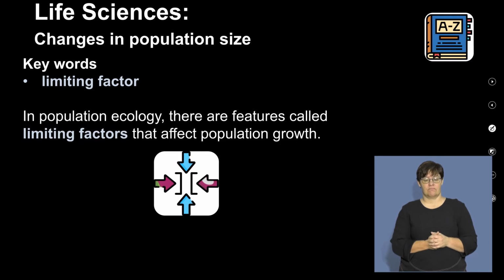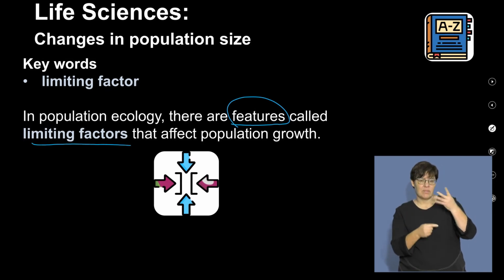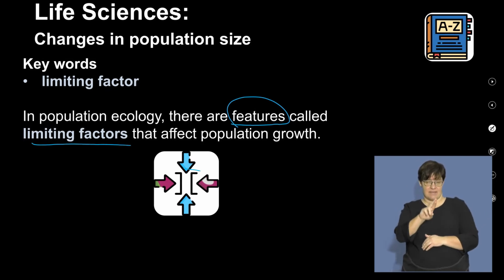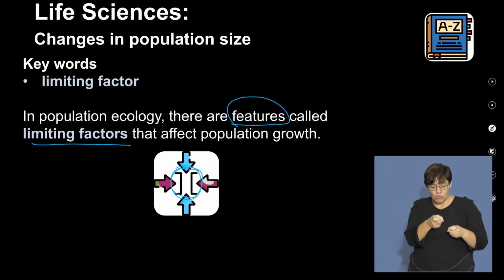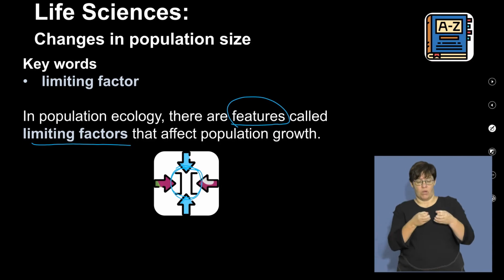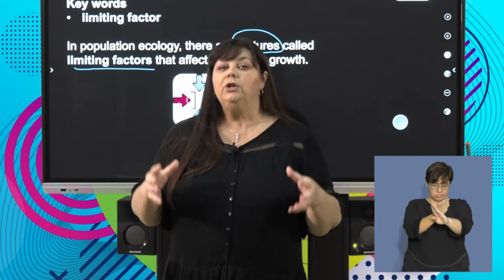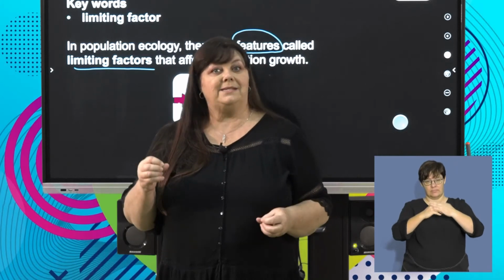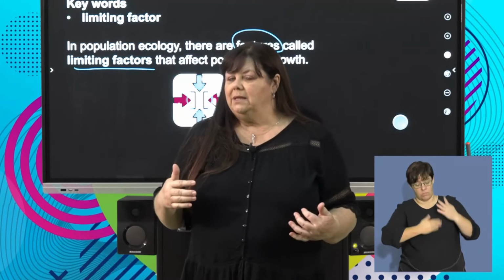In population ecology, there are features called limiting factors that are going to control or limit population growth. They're going to restrict population growth to a particular size, an upper limit or maybe even a lower limit.